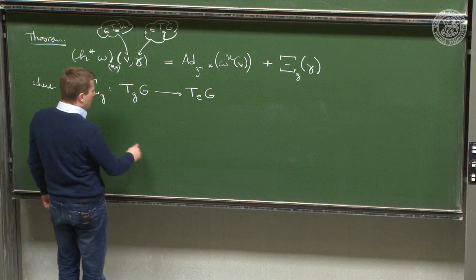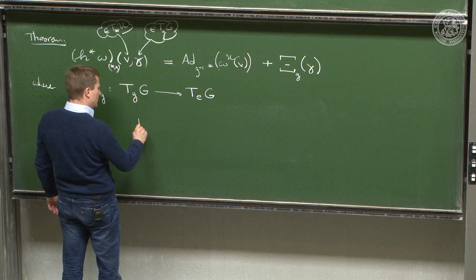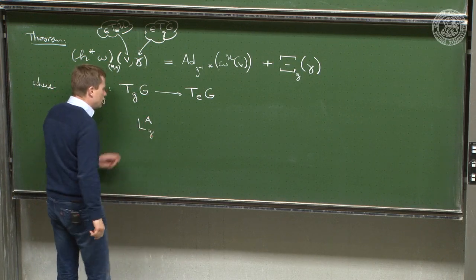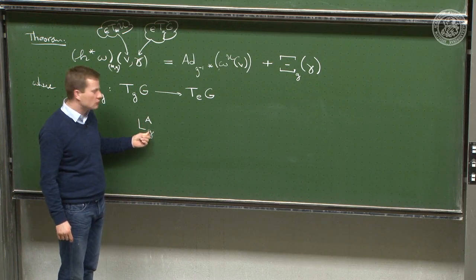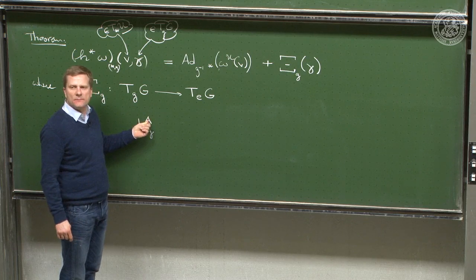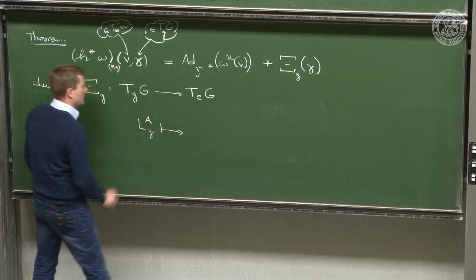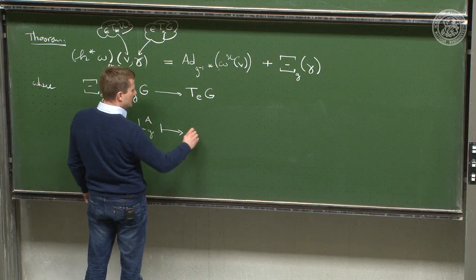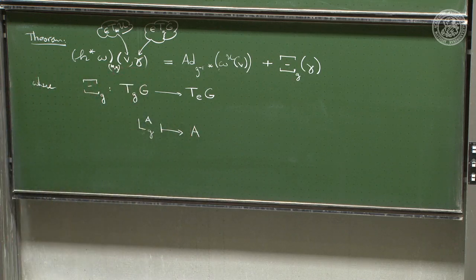By virtue of the following map, you can take any tangent vector at a point and you can understand it as the value of a left invariant vector field on the group generated by a Lie group element. We did this several times, right? So you may need to go back for the definition of this guy, but I just mentioned it. And it spits out the A that generates this.